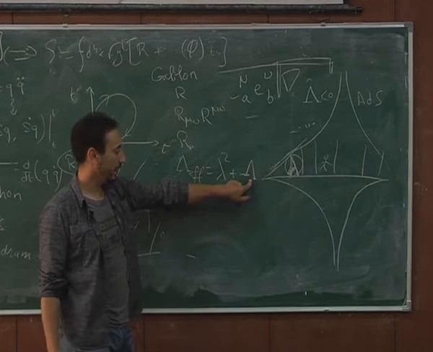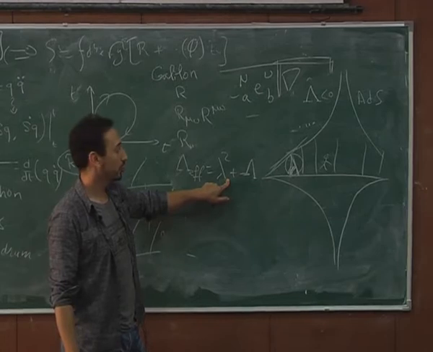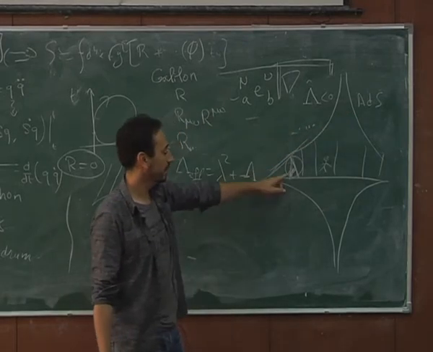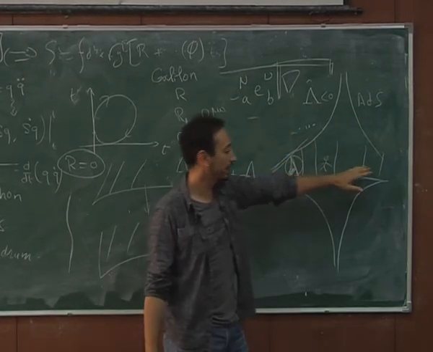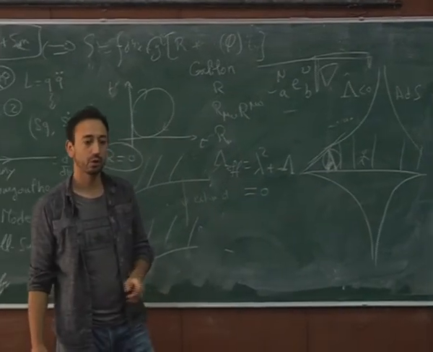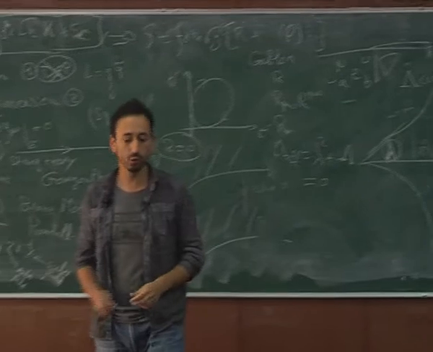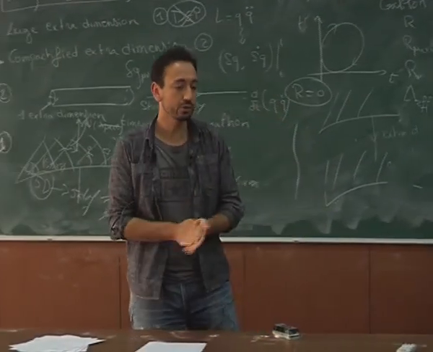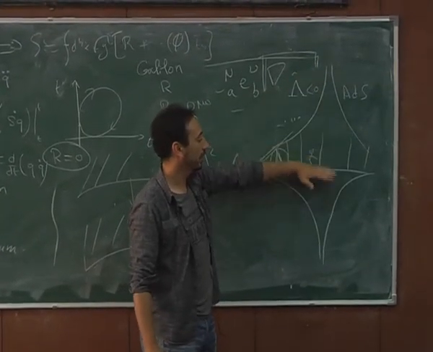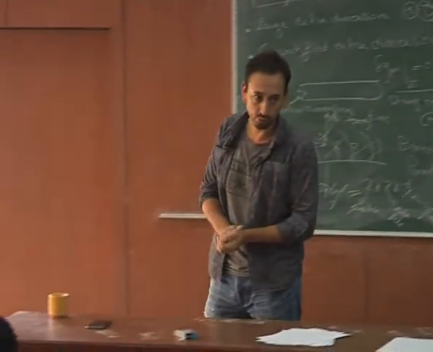If this lambda is negative, it can cancel out a bit of the vacuum energy. You have vacuum energy here which is negative because of the geometry, which is because of AdS. You have vacuum energy here produced by the matter. And when you sum both of them, you can get maybe 0. But of course, there is fine-tuning. You have to choose this parameter exactly to cancel it. So it doesn't solve the cosmological constant problem, but it's an interesting idea to say that the energy in the extra dimension will contribute to what we see here. So that's one of the motivations also.